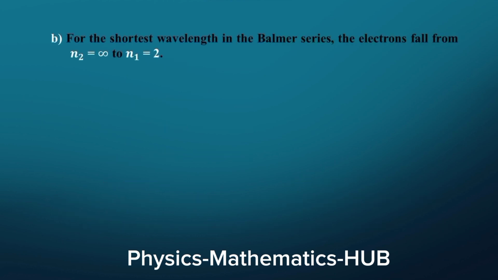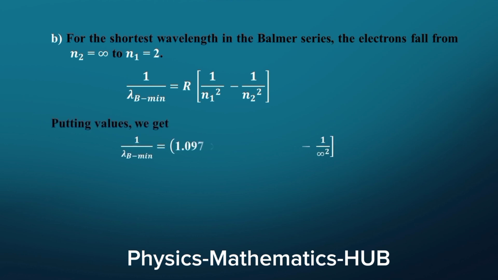Similarly, the shortest wavelength in the Balmer series is where the electrons fall from infinity, the highest level. We again use the same formula: 1 over lambda B minimum is equal to Rydberg constant into (1 over n1 square minus 1 over n2 square).